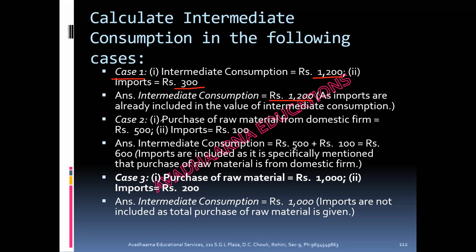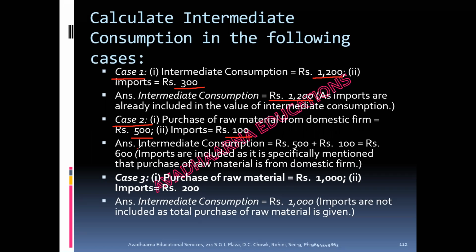Then next is purchase of raw material, the second case. Purchase of raw material from domestic firm, that is 500, and imports are now 100. Now see, the raw material is being purchased separately from domestic firms of ₹500 and imports are of ₹100.